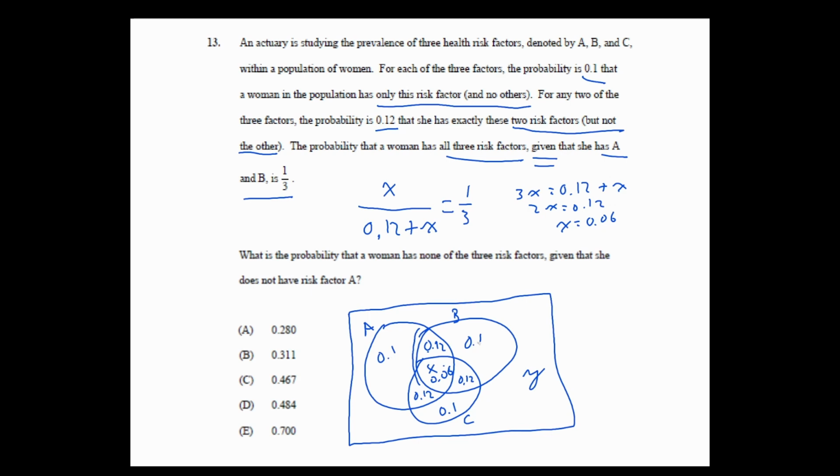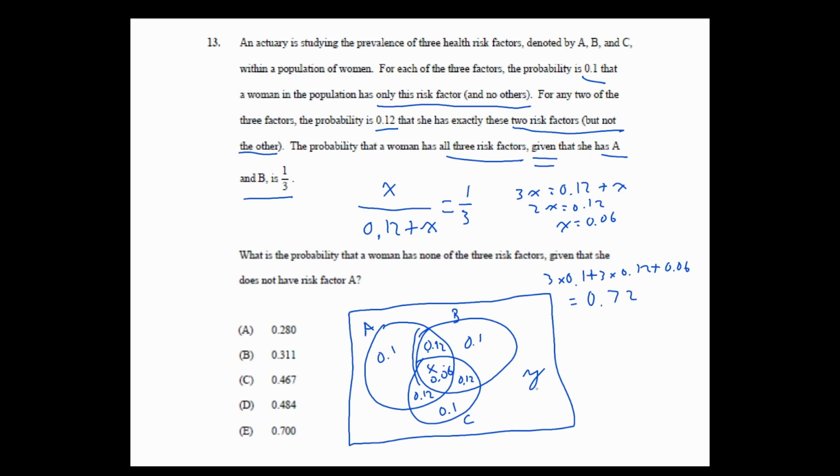Now, if we add up all of these regions together, what would that number be? So let's just do some addition. 0.1 times 3 plus 3 times 0.12, because we have three different 0.12s, plus 0.06 is equal to 0.72.